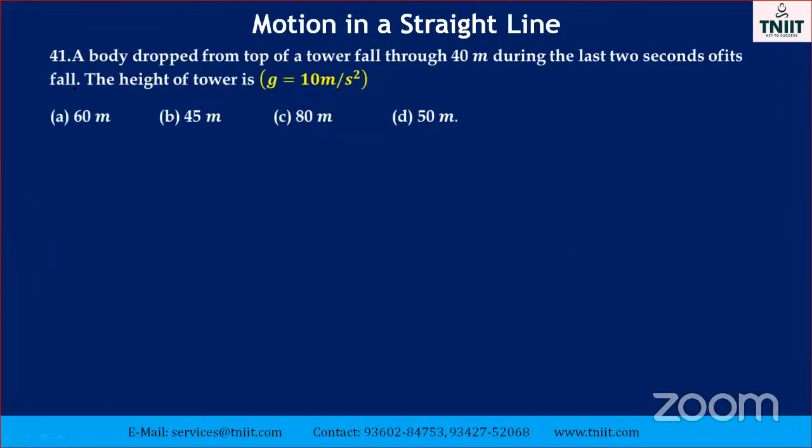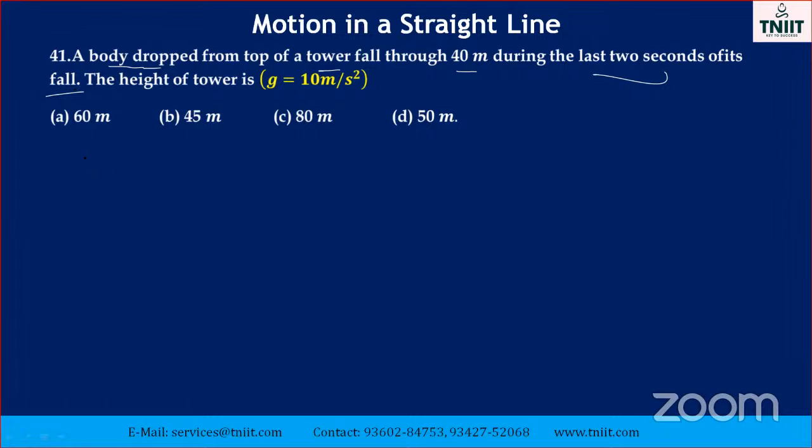Coming to the next problem. A body is dropped from the top of a tower. It falls through 40 meters during the last 2 seconds of its fall. During the last 2 seconds of its fall, it covers a distance of 40 meters. Now they are expecting you to find the height of the tower.